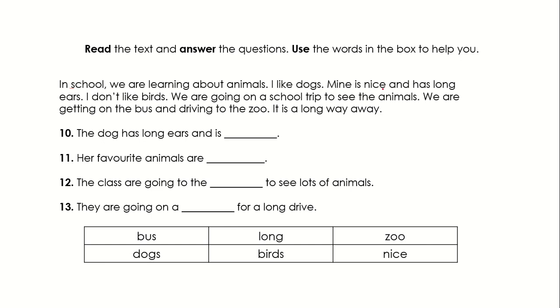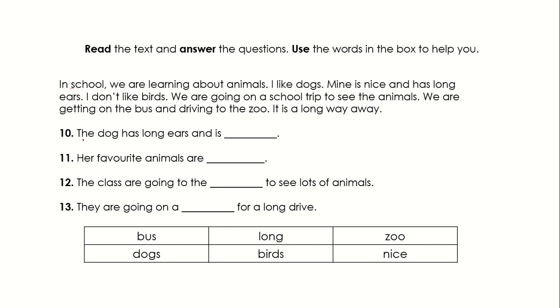Mine is nice and has long ears. I don't like birds. We are going on a school trip to see the animals. We are getting on the bus and driving to the zoo. It is a long way away.